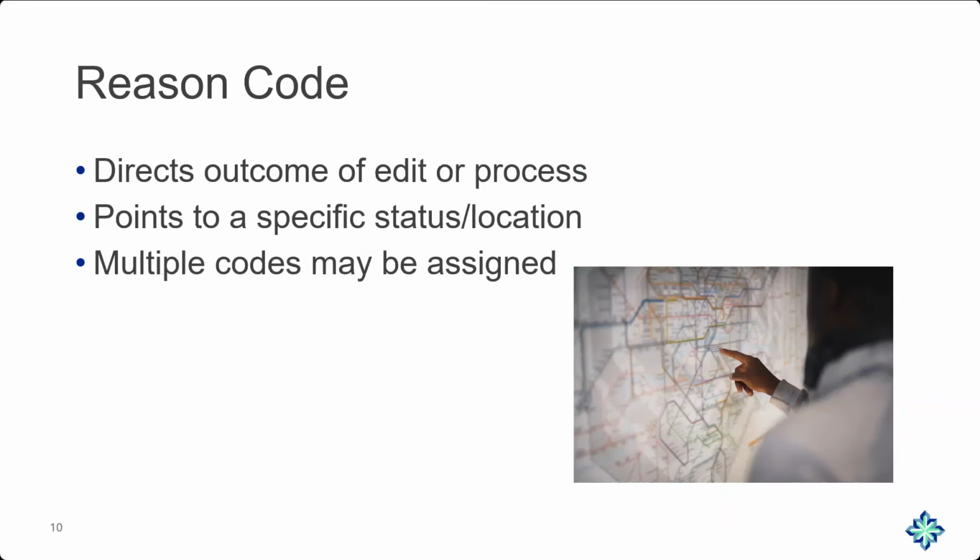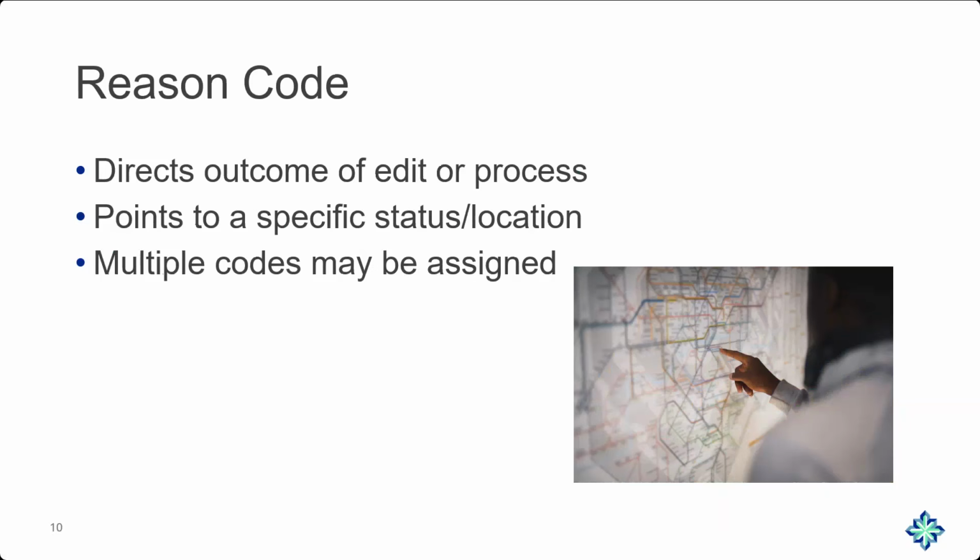Each reason code points to a specific status and location code. The assignment of a reason code overrides the normal processing sequence of the claim path. So it's a detour, if you will, as it travels down that make-believe freeway that we talked about, or that hallway, that metaphor that I gave you.